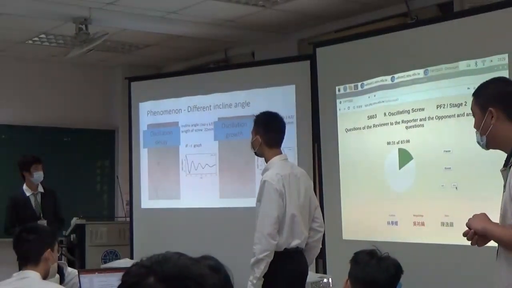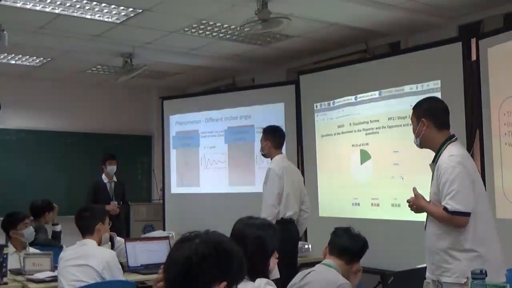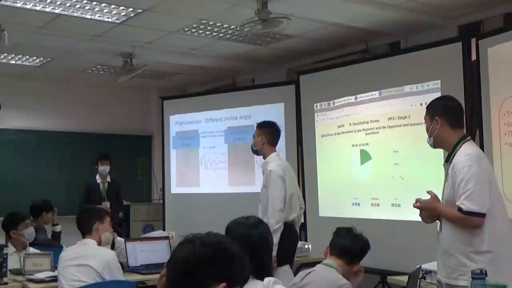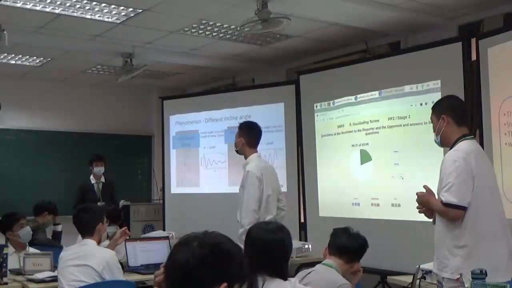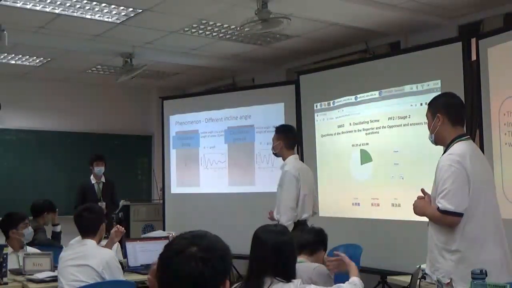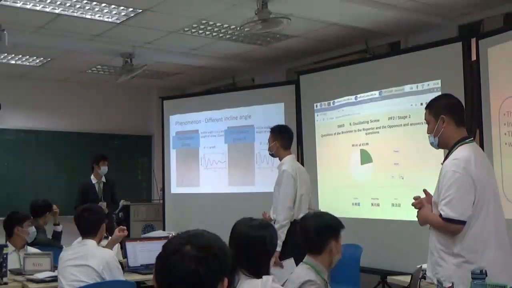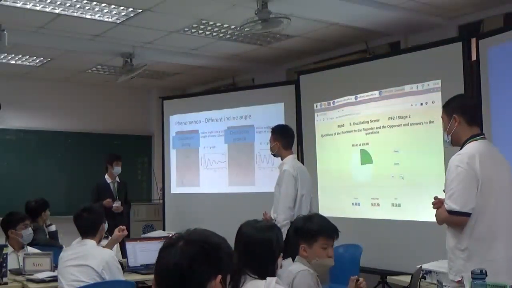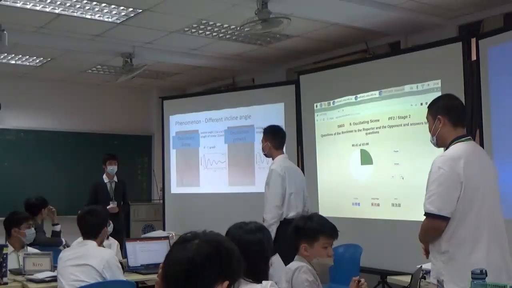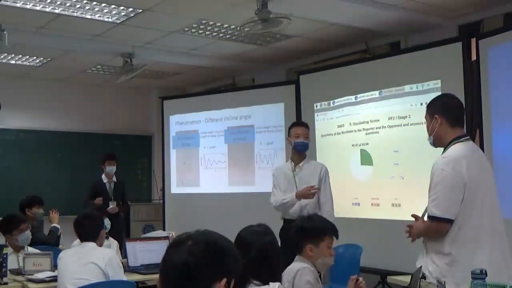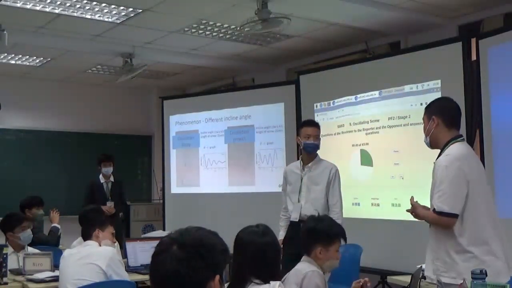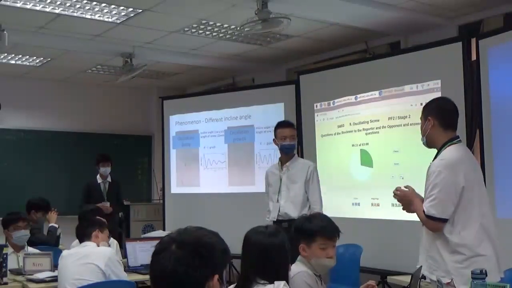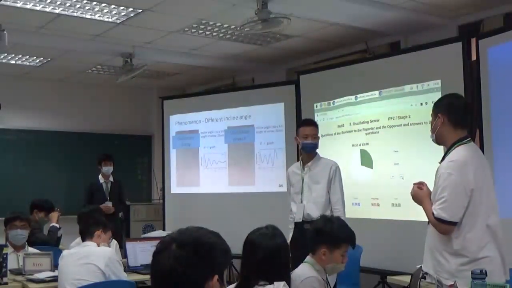It will also affect the moment of inertia. And if you increase the length, will the mass also increase? Since we are talking about the moment of inertia, if we add to the length of the screw, the mass increases. We see that the mass is an important factor in this experiment.